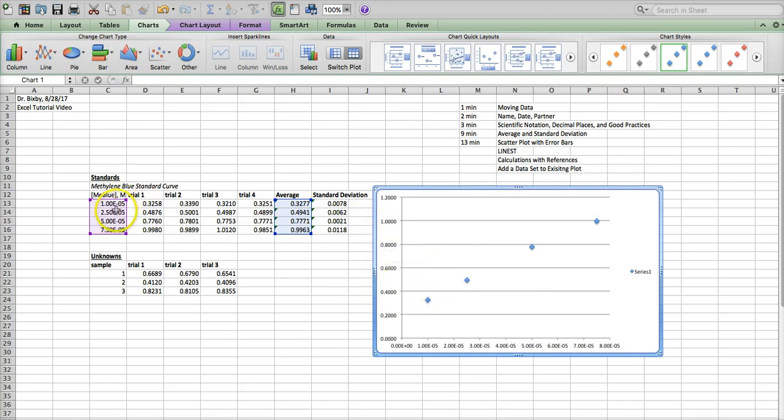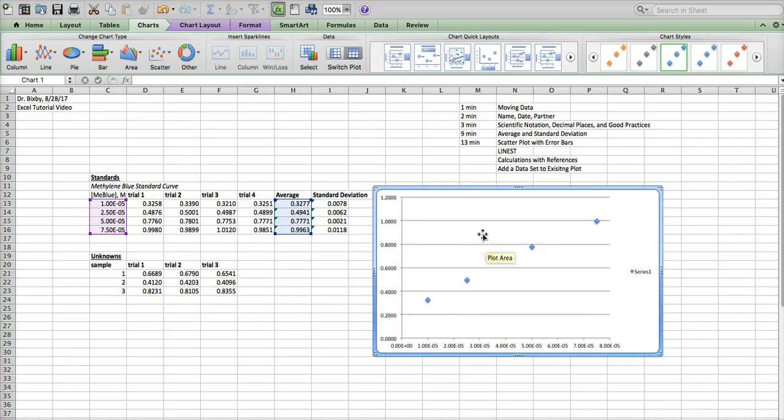A lot of times, if your data happens to have what you want on the y-axis first in a column before what you want on the x-axis, it will plot it backwards. And so you just need to be careful about what's being plotted on what axis, and you can change that.